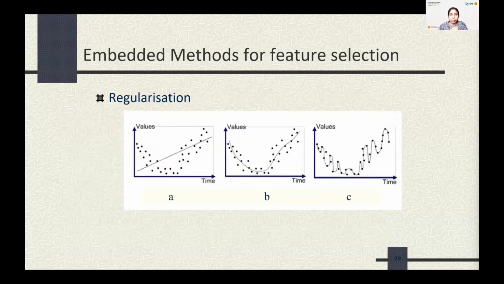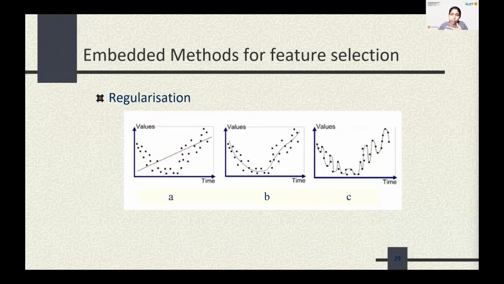Before going into the lasso method, I would like to discuss a little bit about regularization. Here, this is a picture showing some data set, and we are trying to train a machine learning model so that we can predict a value for a given new instance.